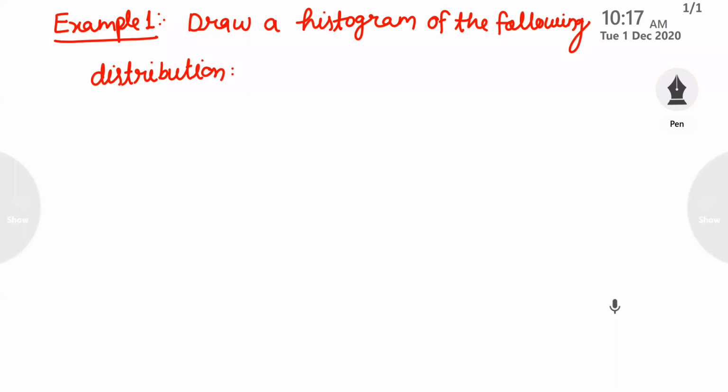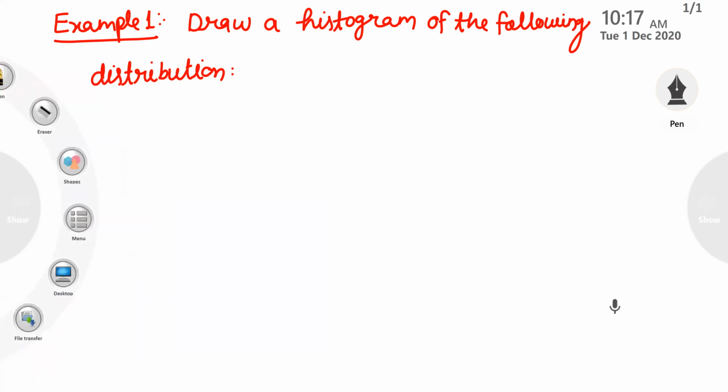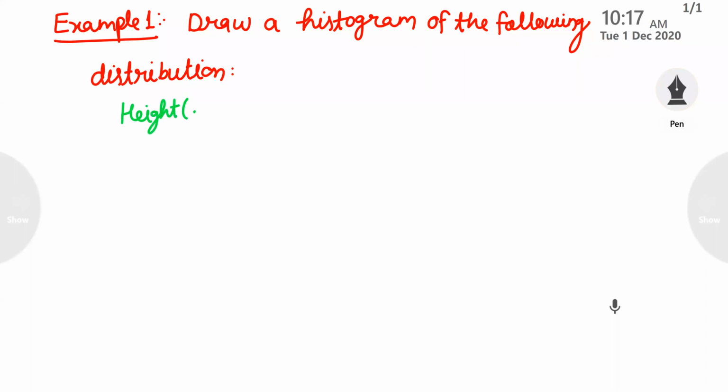What is the distribution here? Heights in centimeter. Second one is number of students.